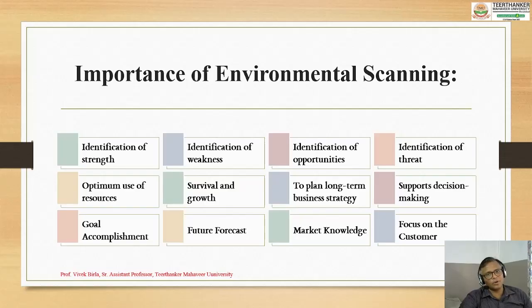A company or organization needs to identify those things through which its own challenges can be improved. So strength is internal, weakness is also internal. Environmental scanning is very important in order to identify our own competencies and our own challenges.